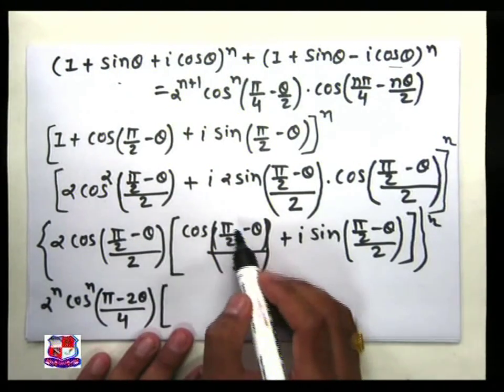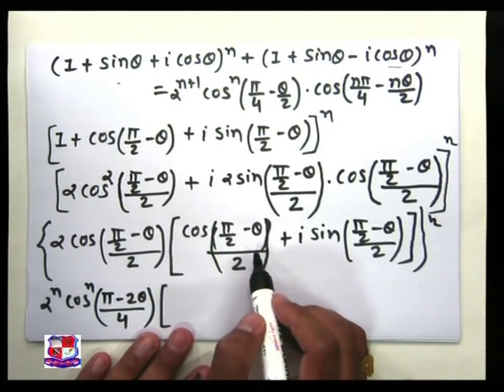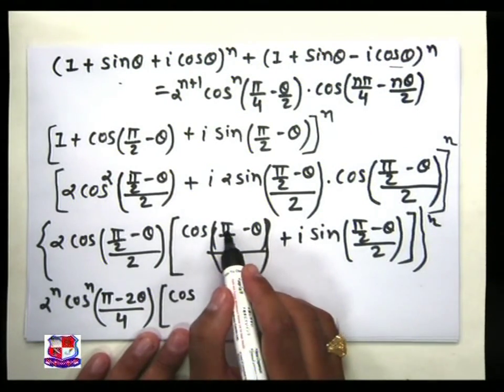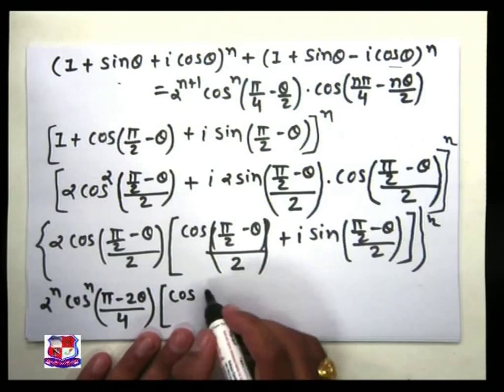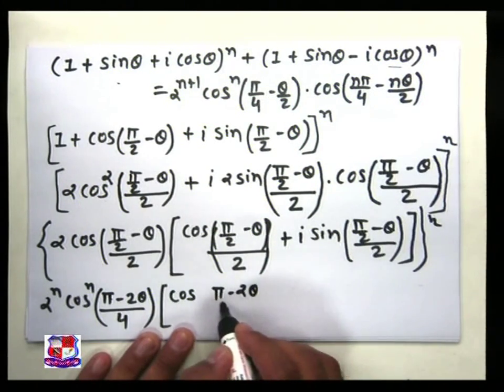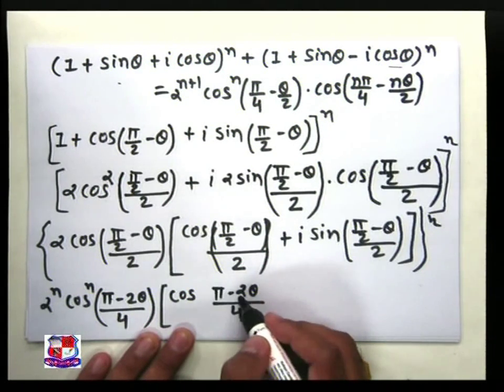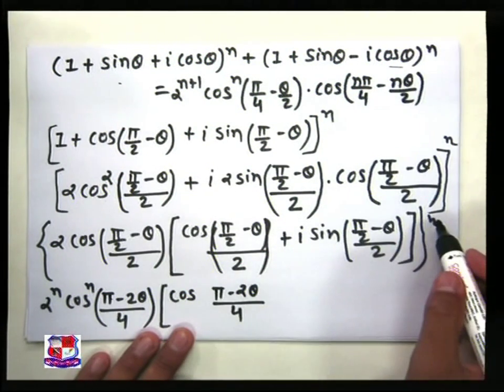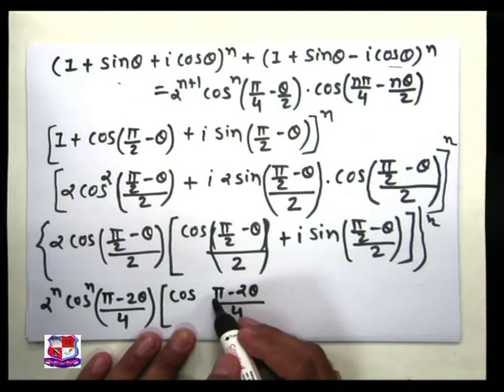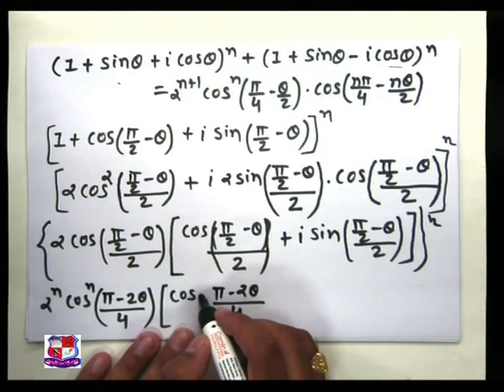In the same way we want to simplify this angle also. So cos of pi minus 2 theta by 4, and here raised to n. So this raised to n, that is angle multiplied with n.